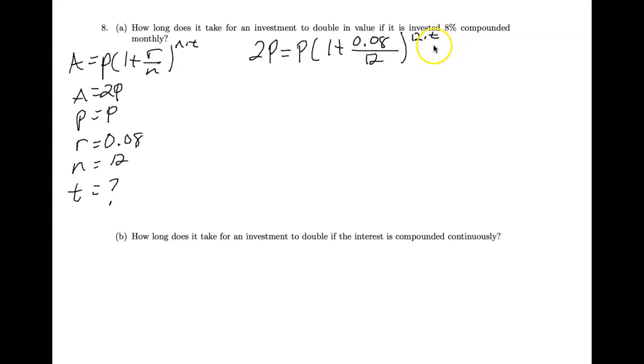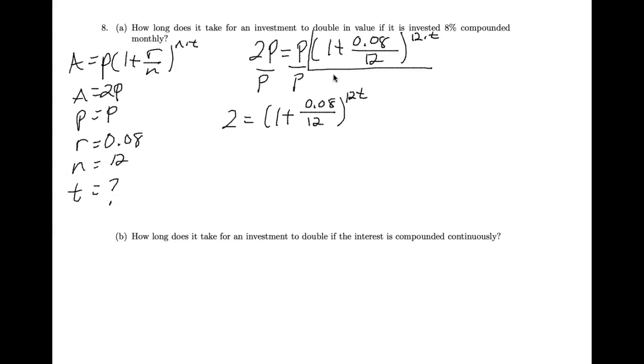If you recall, the way we solve exponential equations is to isolate the exponential part. My base is 1 plus 0.08 divided by 12, so I need to get this part by itself. To do that, I just need to divide both sides by P. I'll end up with 2 equals (1 plus 0.08 divided by 12) to the 12t.